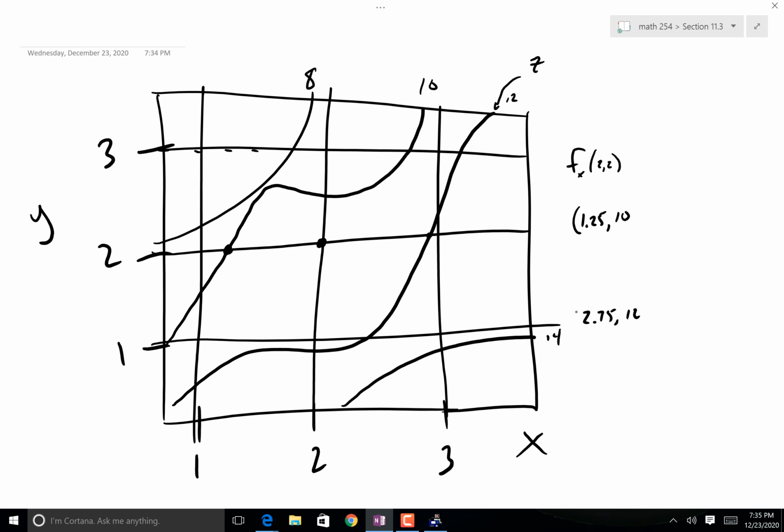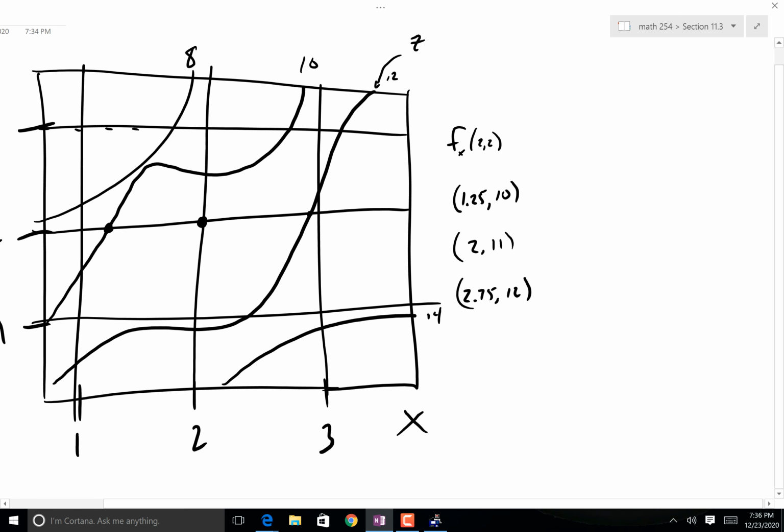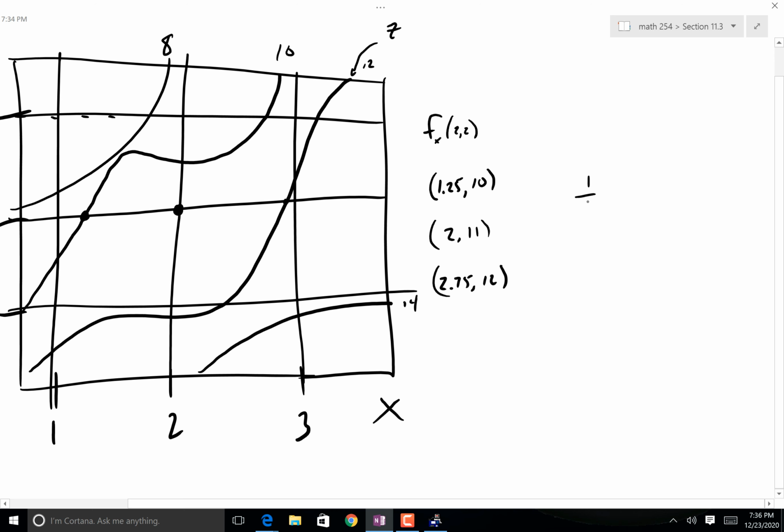comma 12. And you're like, well, what's going on in the middle there, Jay? Well, you could argue that right here it's 2, comma 11. I probably wouldn't get angry with you. And in essence, what you're saying is it's going to be a 1 change in height for 0.75 in the X direction.